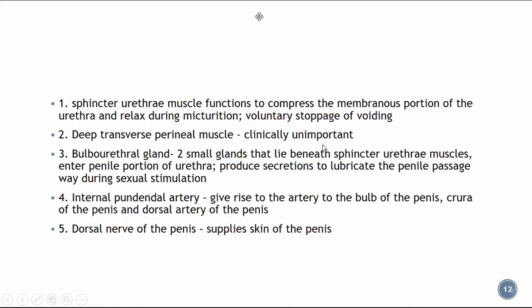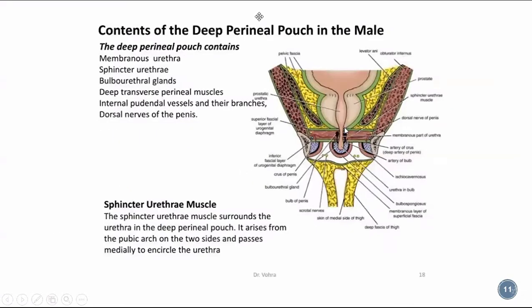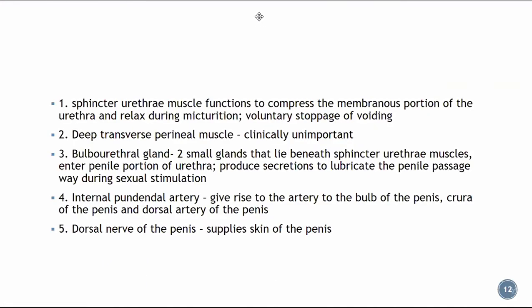This is clinically unimportant. We have the bulbourethral glands, which are two small glands on each side of the urethra. It is this black one. This lies beneath the sphincter urethrae muscle and enters the penile portion of the urethra.